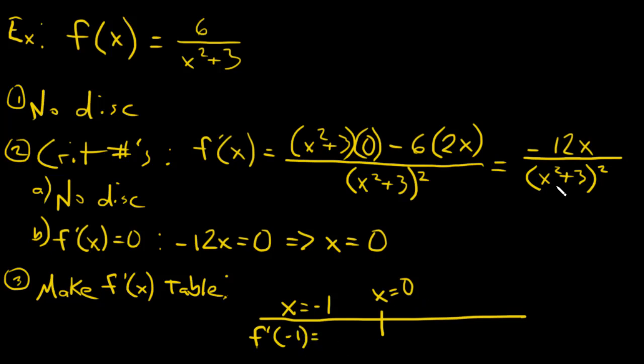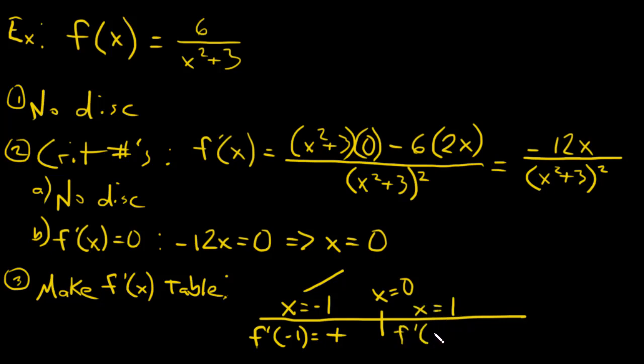So when I do that, the bottom's always positive. The top is -12 times -1, positive. So positive over positive is positive, which means that this is going to be going up. We have an upward slope. So now I need a test value greater than 0. X equals +1.